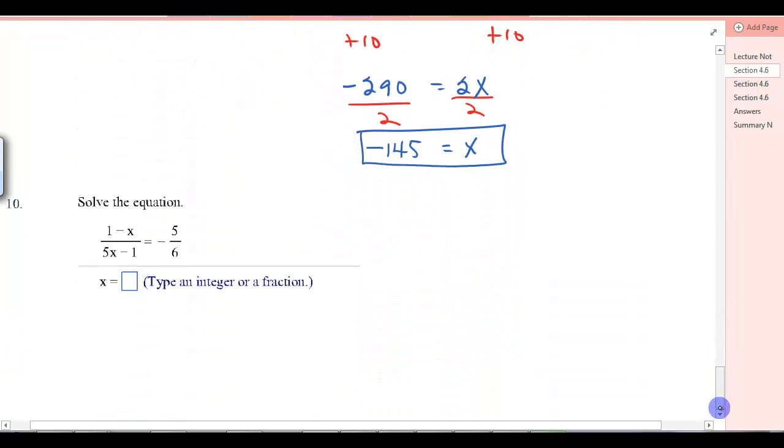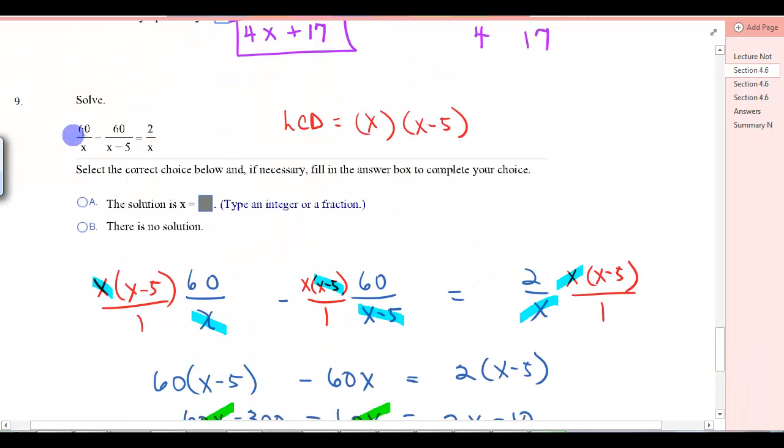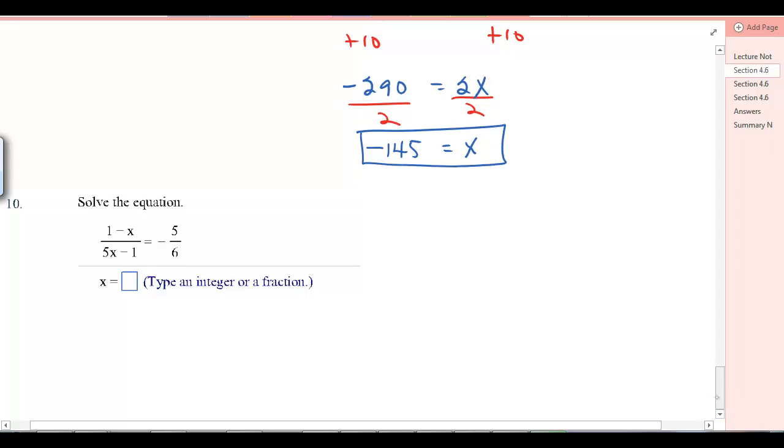Now this one is also a rational equation, but what's different between this one and number 9? Here we had 3 terms, 2 on one side, 1 on the other. In this one we have 2 expressions, and because we have that, we can cross multiply.